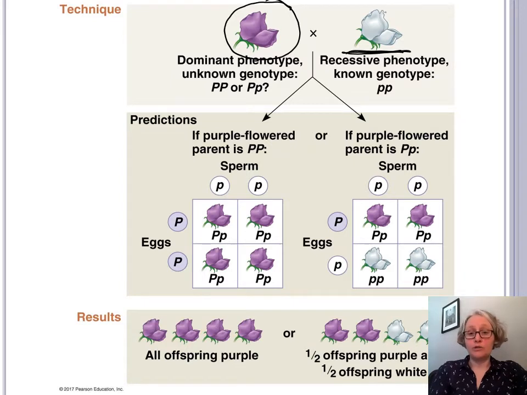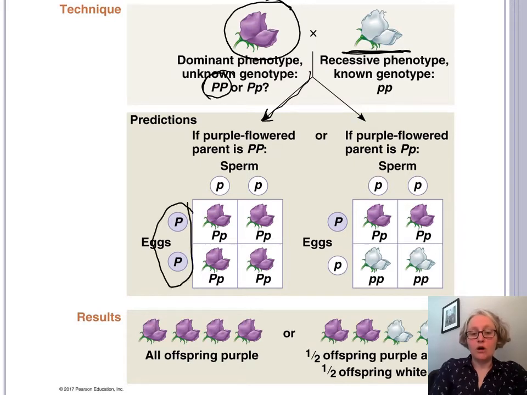In one option, going here towards the left, if your mystery individual was a homozygous dominant individual, when you do the cross, all of their offspring will be purple. So if you do the test cross and you get all of the offspring being that dominant phenotype, it's highly likely that this individual is also homozygous dominant.